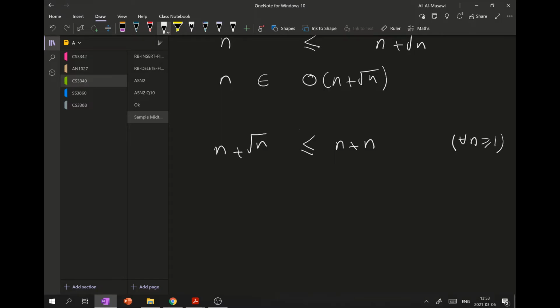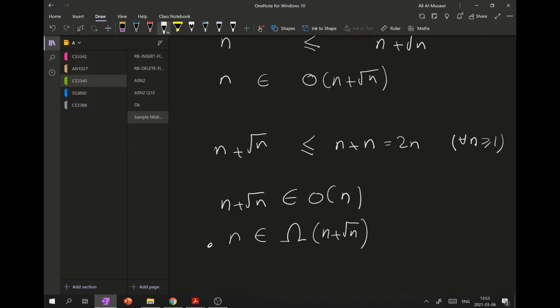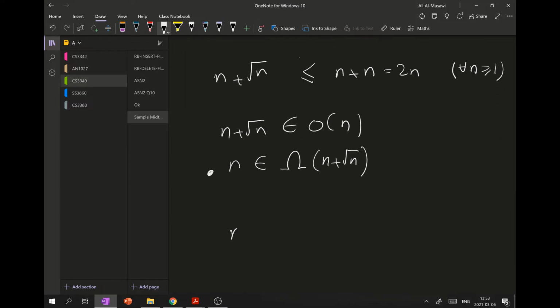So when this happens, this is obviously 2n. That means n plus root n is in big O of 2n, or of course, constants don't matter. Written equivalently, n is in big omega of n plus root n. So combining this one with this one here, we get n is in big theta of n plus root n.